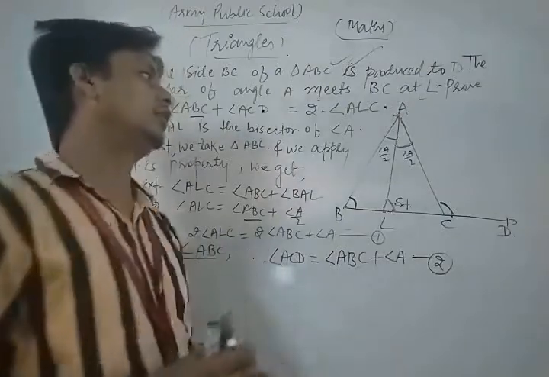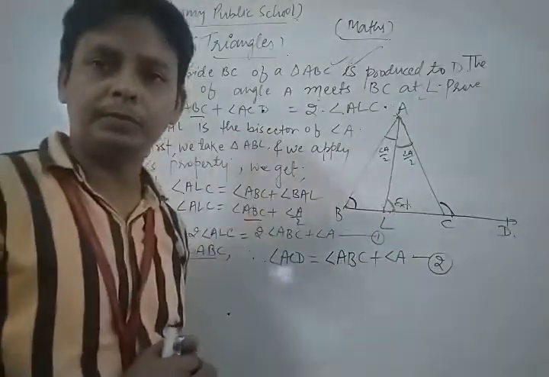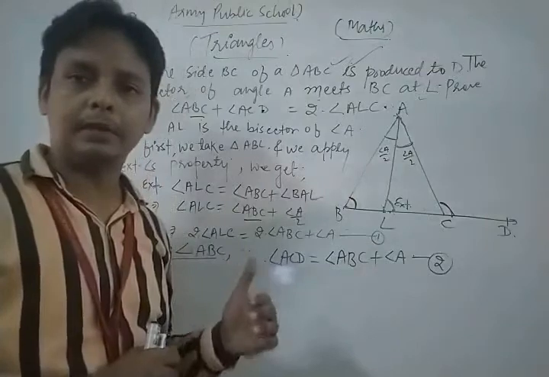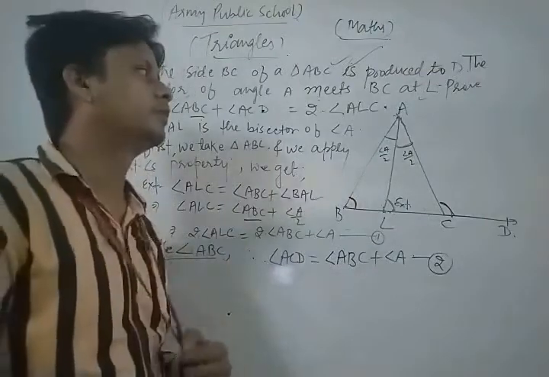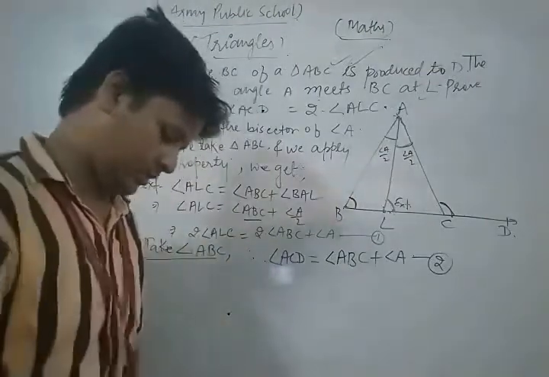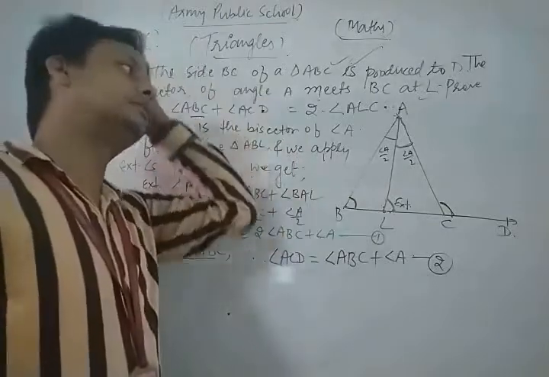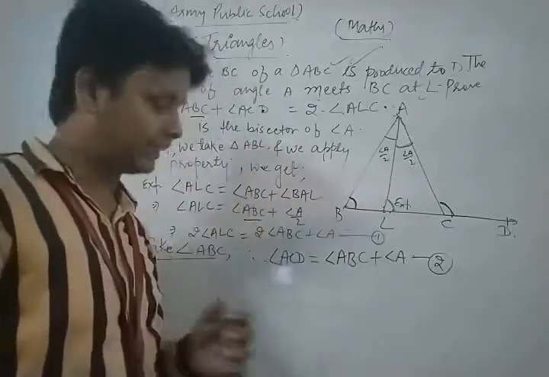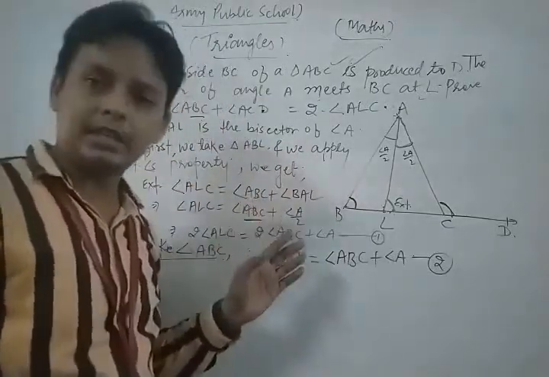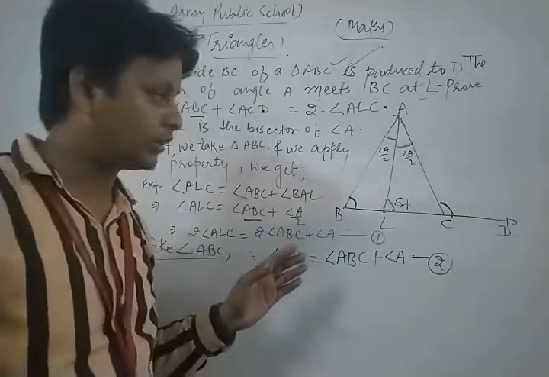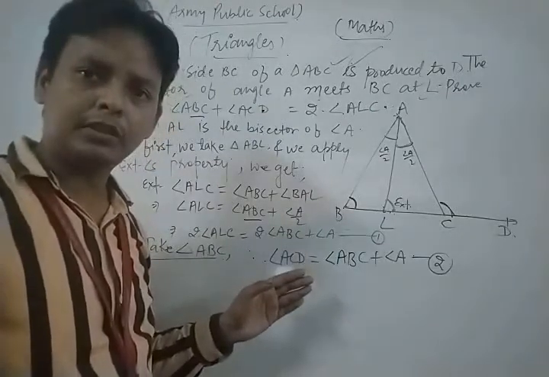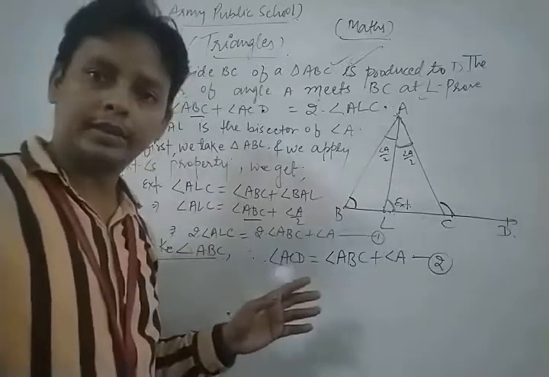Dear students, in triangle ABC, we also apply which property? Yes, in triangle ABC, dear students, we apply the exterior angle property. So according to the exterior angle property, what do I get?